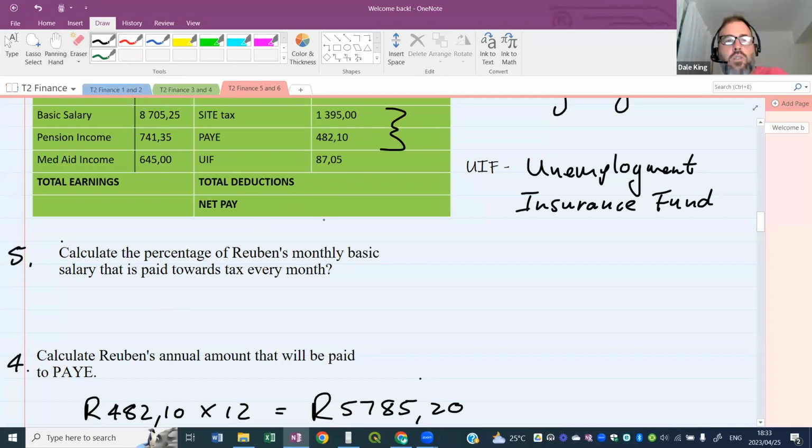I want to know how much this person is paying towards tax. What percentage of their basic monthly salary is going towards tax? All right, Hugo's highlighted something very important. Good job. Thanks, Hugo. We need to show 2 decimal places. Abigail, you're talking about question 4.